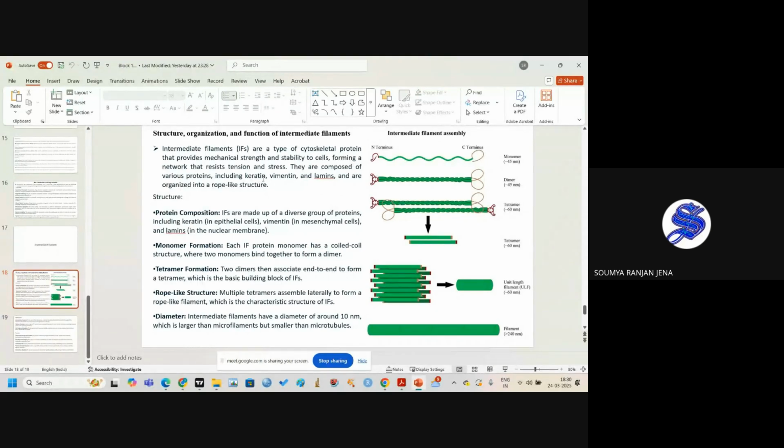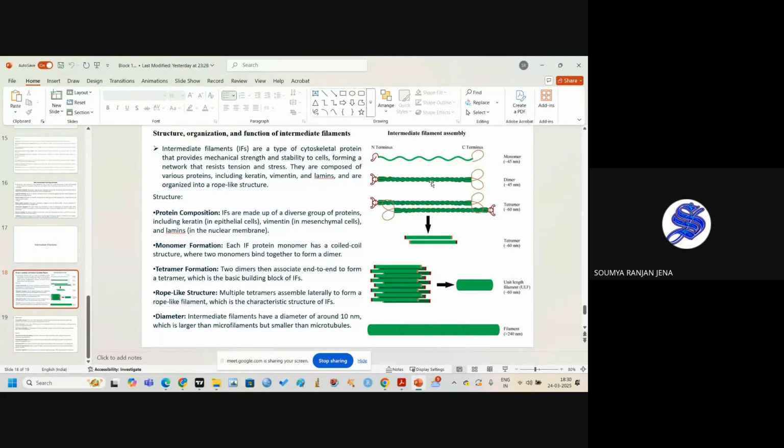various proteins including keratin. If you go to the structure of skin, the skin is made up of keratin proteins, and these keratin proteins form intermediate filaments, and these intermediate filaments resist different tensions of our skin and different stresses.